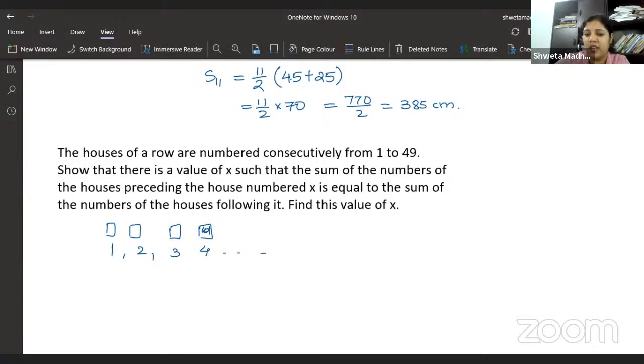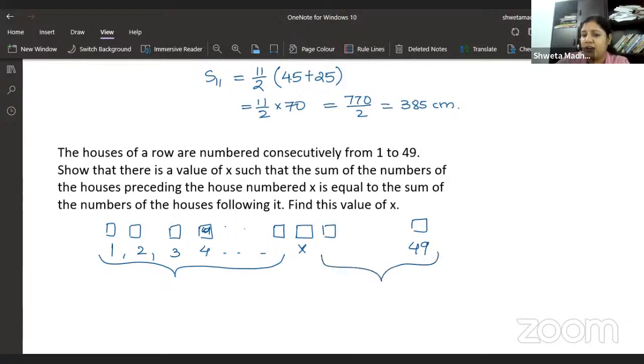So the last house number is 49. There is one house number x such that the sum of all the house numbers towards the left side of x and the sum of the house numbers towards the right side of x are equal.